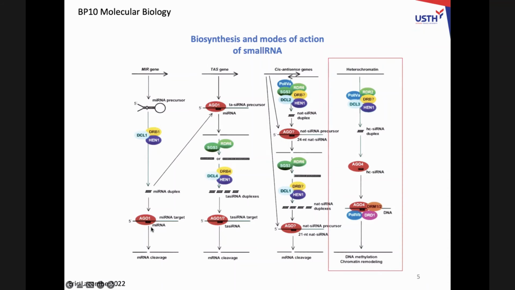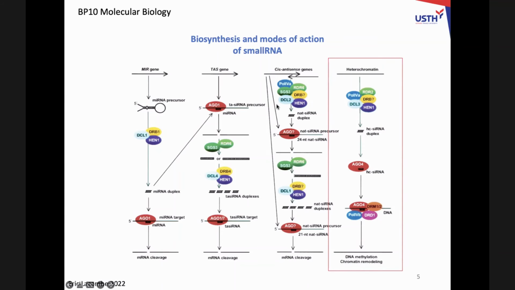So this is a kind of summary. We're just going to spend a little bit of time on what's happening. What is important is to see the identity of these pathways. Vertically, you have four processes, and if you look at the bottom of this table, this is what they are going to do at the end.